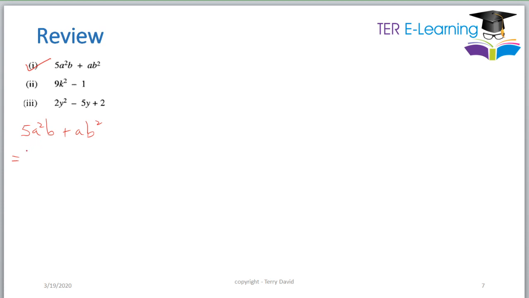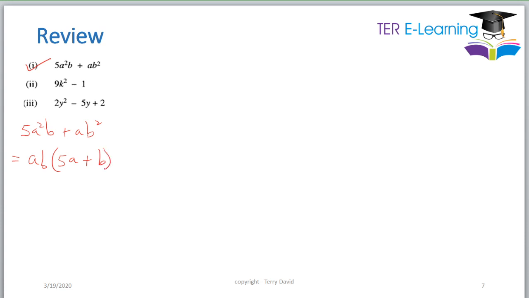We don't have 5 common to both of them. But we see we have a common to both of them, so we can factor out the a. We can also factor out b. And what we're going to put inside the brackets now will be 5a, since you want to get a squared, plus b, since we're not going to do anything with the a.